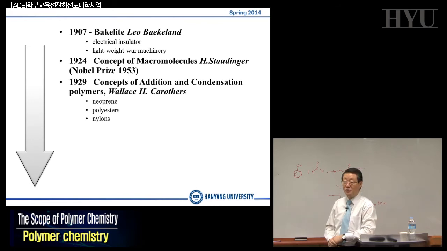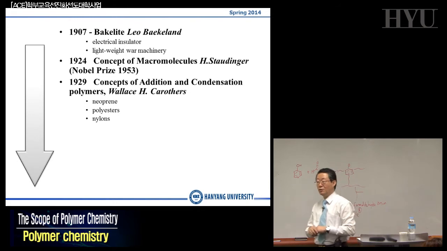Polyesters and nylons were first made by Professor Carothers at the time, but in 1931, right after his publication in the Journal of American Chemical Society, he moved to the DuPont company in Delaware, and he did a lot of work on industrial scaling up of these polyesters and nylons. In 1936, DuPont successfully started to produce these polyesters and nylons.